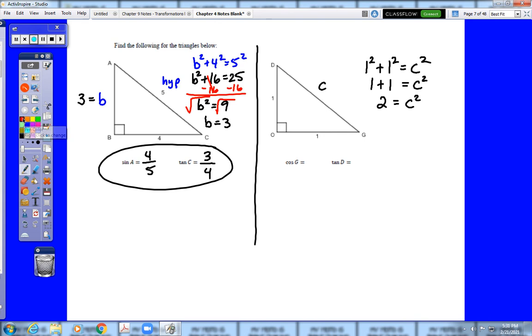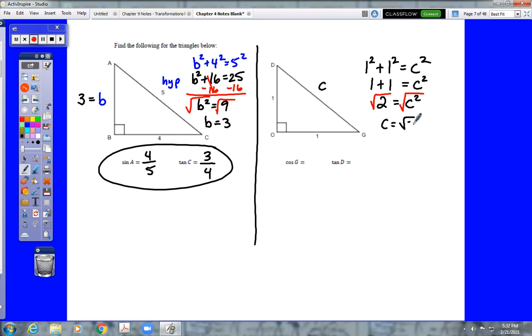Take the square root to get C by itself, which means that C is the square root of 2. It is very common in higher level trigonometry classes to have a reduced root for a side length. You are not to turn that into a decimal or round it off. So the square root of 2 is going to be our hypotenuse.